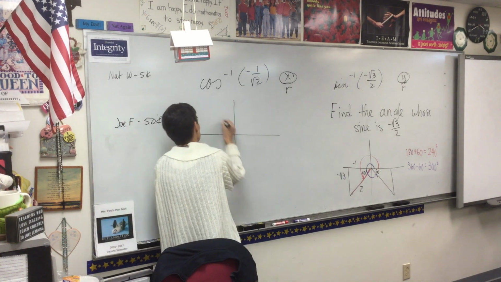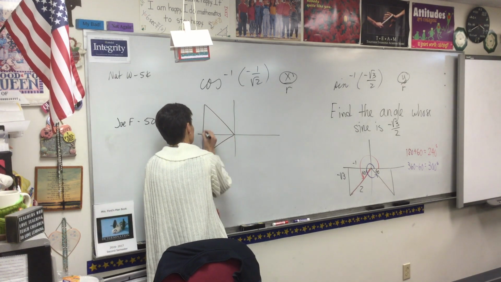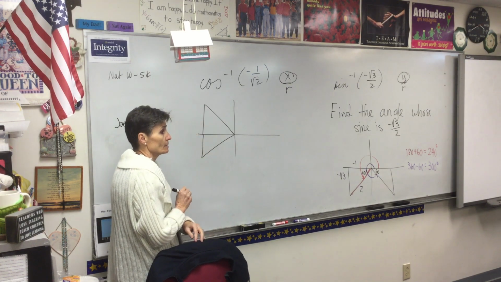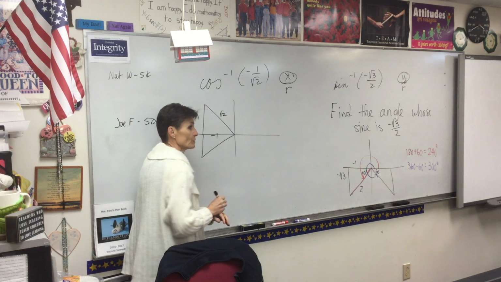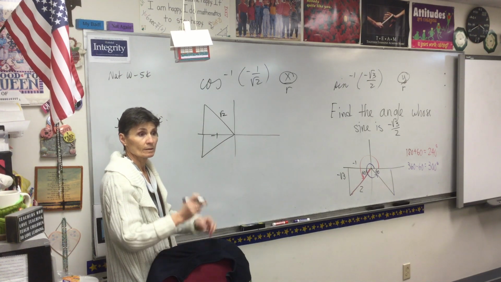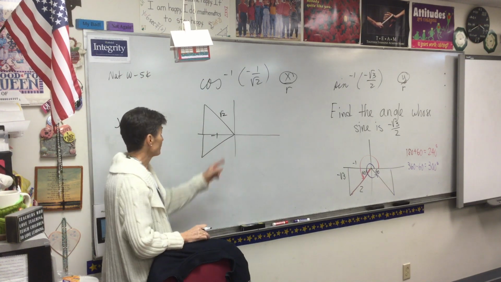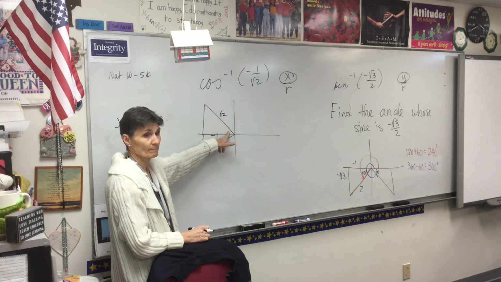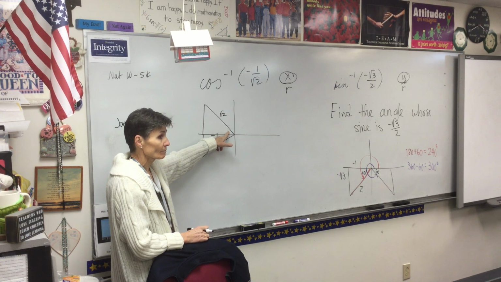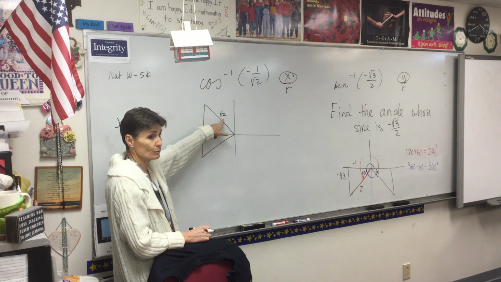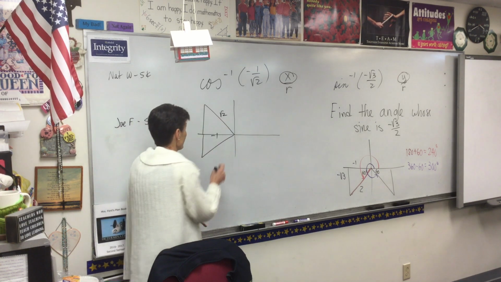Yep, 2 or 3. So now I'm drawing them here. And I know cosine is negative 1 over root 2. That should pop into your head how big this angle is. That's a 1, that's a root 2. It's got to be a 45.